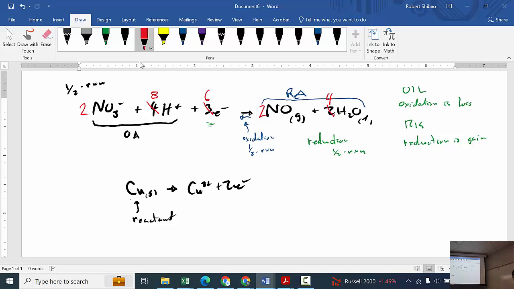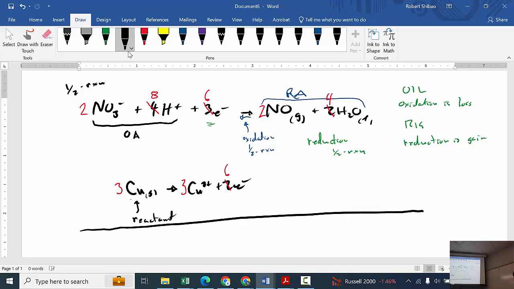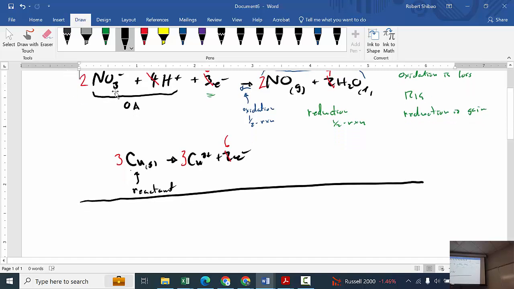Then this gives me 6 electrons that are consumed, and then I'll do 3 here, 3 times 2 is 6. So we need this. This is a critical step because the free electrons are very unstable, and we have to make sure that the electrons gained is equivalent to the electrons lost. All right, then what we do is we combine these two equations next.